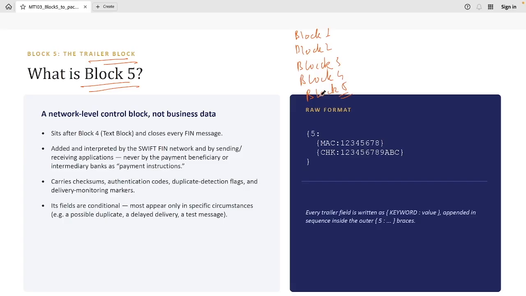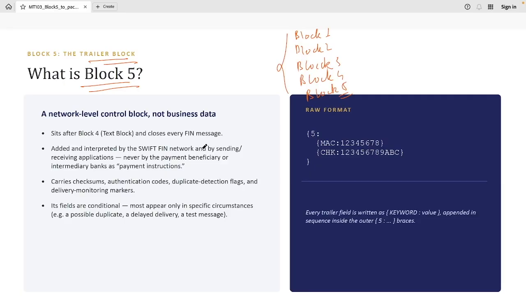The block 5 appears at the end of the FIN message. The word trailer simply means it follows the main message content, but do not think of it as a footer written by the payment customer. It is better understood as a network level control section.